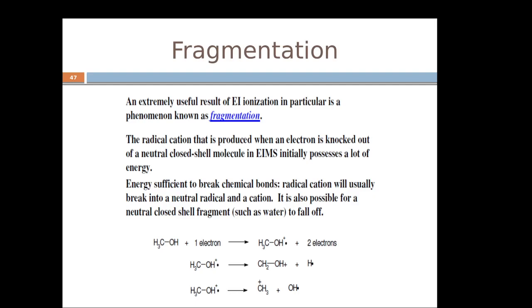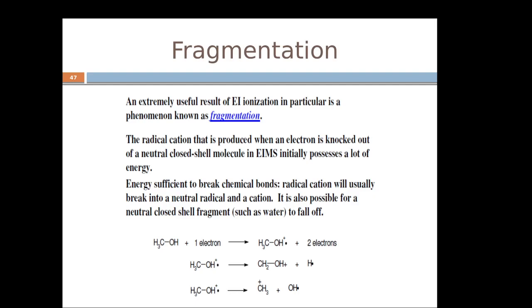And this fragmentation of the molecular radical cation could result in different types of fragmented molecular units, such as a neutral radical, a radical cation, and so forth.